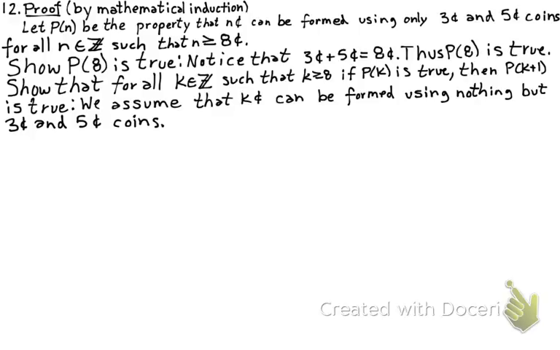We must show, using nothing but our assumption that k can be formed by 3-cent and 5-cent coins, that k plus 1 cents can be formed using nothing but 3-cent and 5-cent coins.